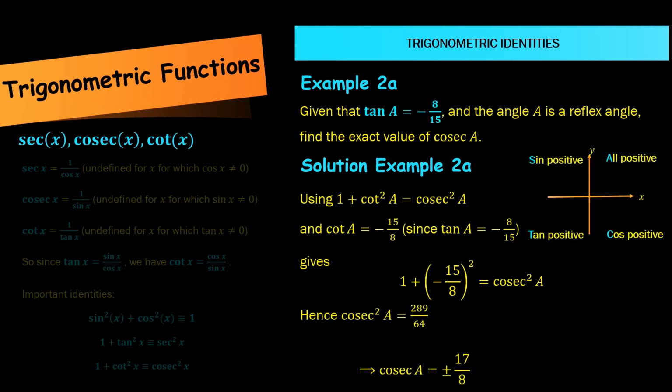In the cast diagram, we're only interested in the quadrants in which tan is negative, since tan A equals minus 8 over 15. And tan is negative in the second and fourth quadrants, where only sine is positive and only cos is positive.